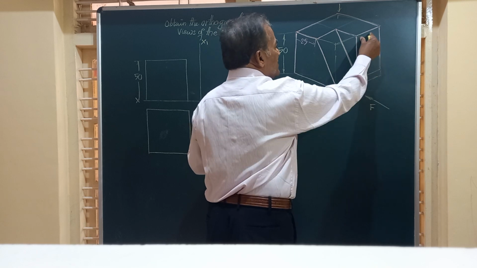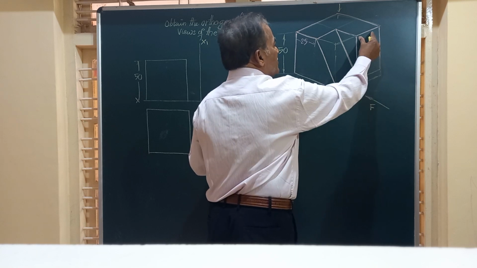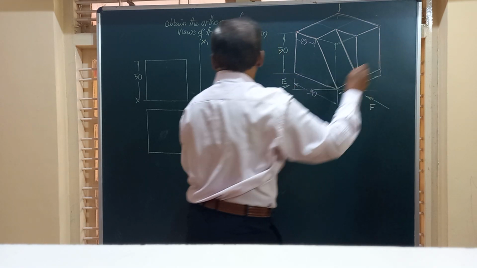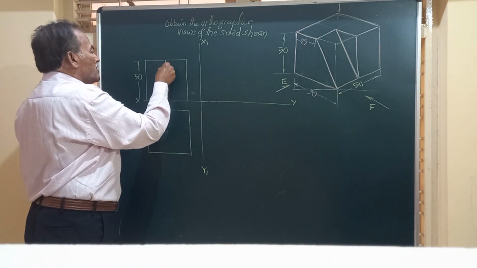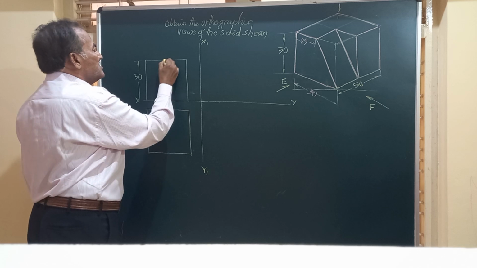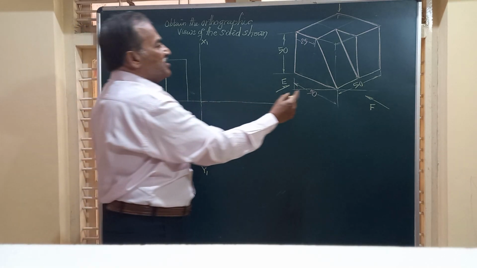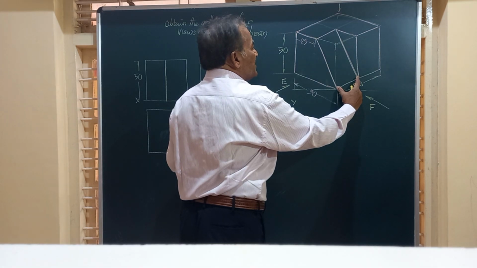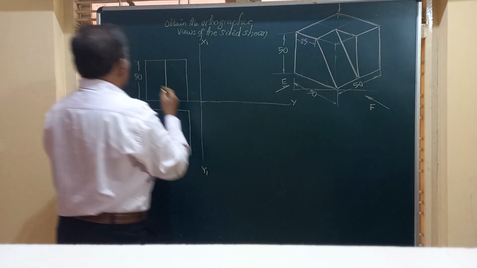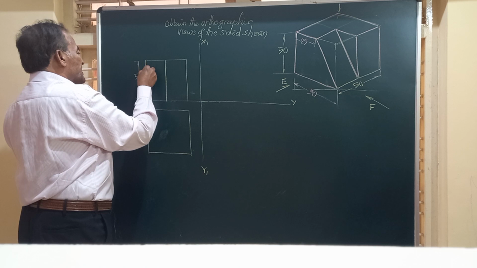So exactly in the front view, you see one rectangle 25 by 50, exactly in the center. So I am going to draw a rectangle here. This is the rectangle you are going to see. Similarly, for the same width 25 and the height, you are going to get another rectangle.